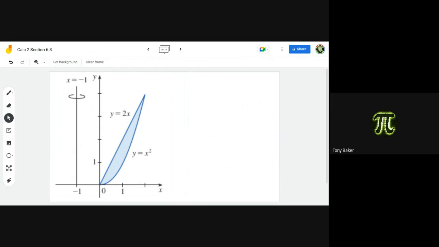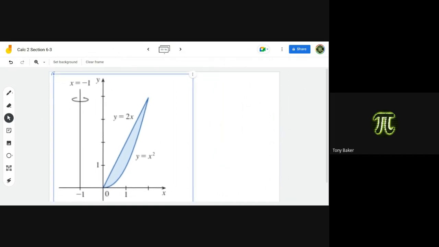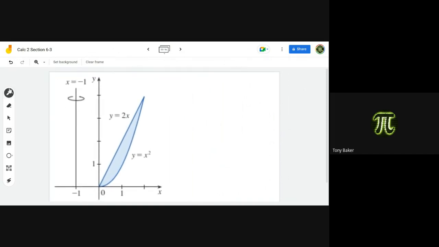Or which method is it kind of leaning towards? I would like to do this. This is looking at the shell method because it's in terms of y equals, and it's around the y-axis. So this is that shell.